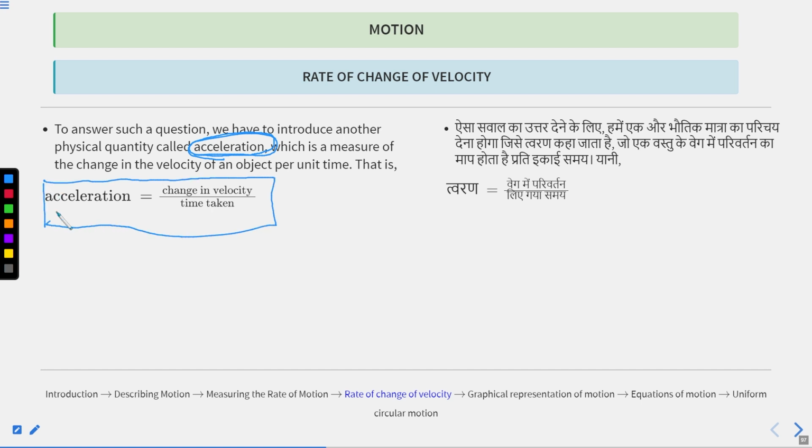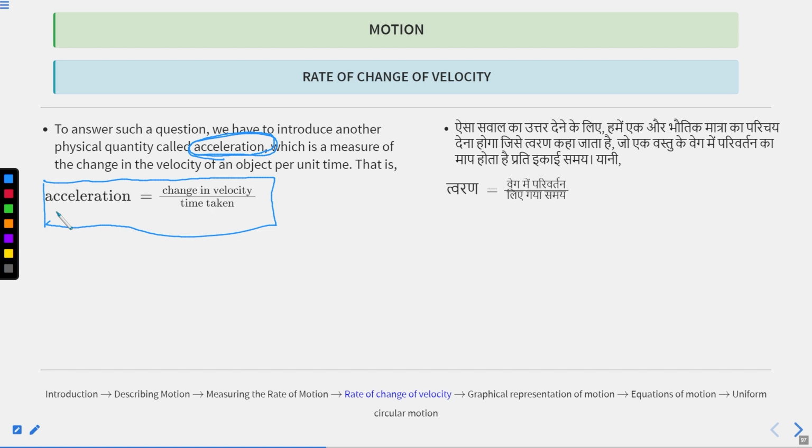For example, if any object is in motion and its velocity is constant, the change of velocity is zero. But what if I apply a force and push this object? It will become fast. So the initial velocity was something, and the final velocity is something else.